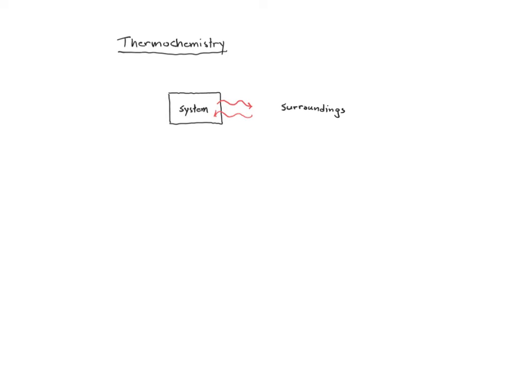And the fundamental thing that we need to remember, so fundamental that we actually have a special name for it, we call it the first law of thermodynamics. What the first law of thermodynamics tells us is that the energy of the universe is constant.